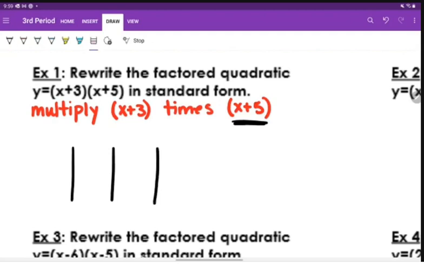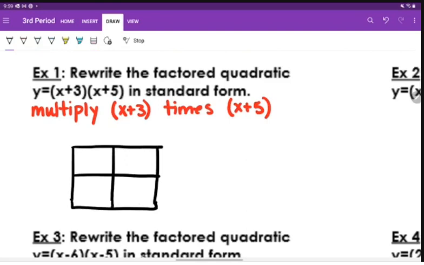And our second factor has two pieces, so our grid is also going to have two rows. It'll just look like this. Kind of looks like a window pane. It's a 2 by 2 grid because we're multiplying something that has two terms by something else that has two terms.